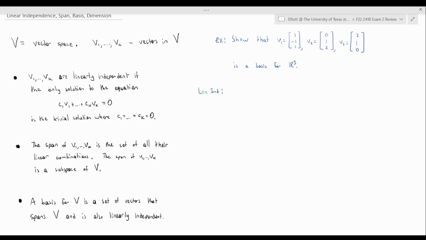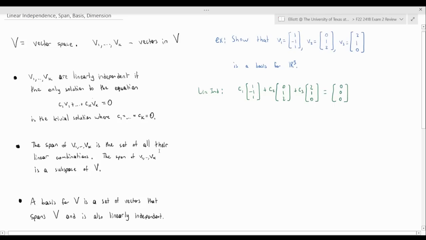So to check for the linear independence, if you form a linear combination of the 3 vectors, so C1v1 plus C2v2 plus C3v3, we need to set this equal to 0. And then we need to check what are the solutions to this equation, okay?